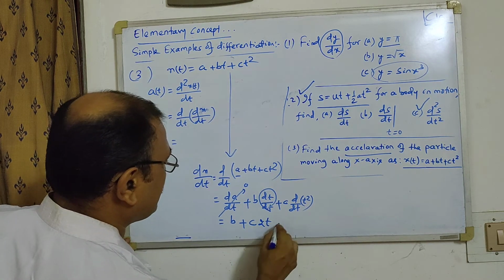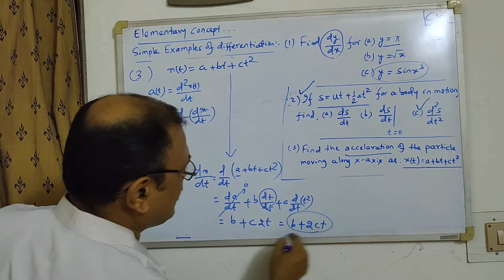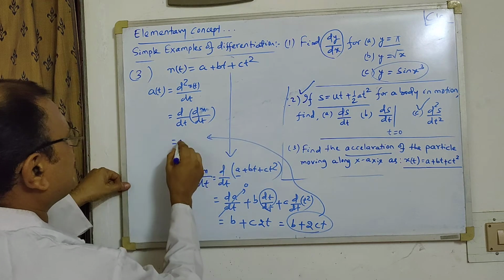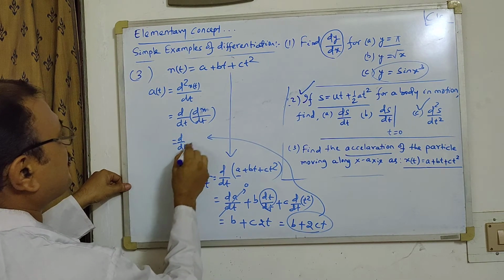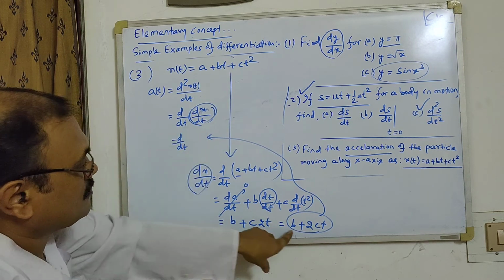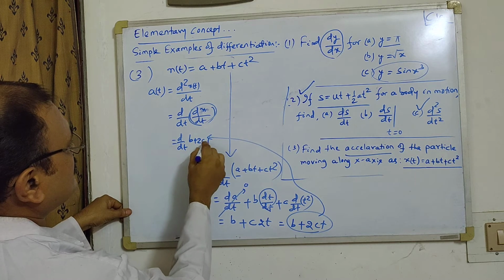So therefore you are getting b plus 2ct. Now you can substitute this one here, that is d by dt of this value, dx by dt equal to b plus 2ct.